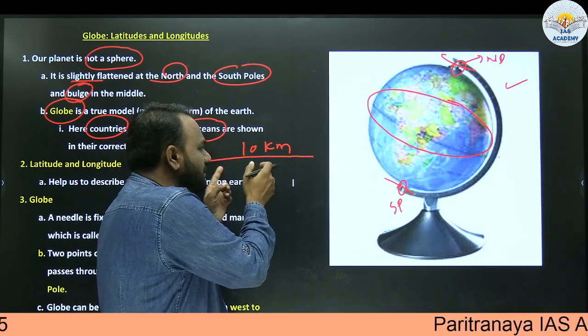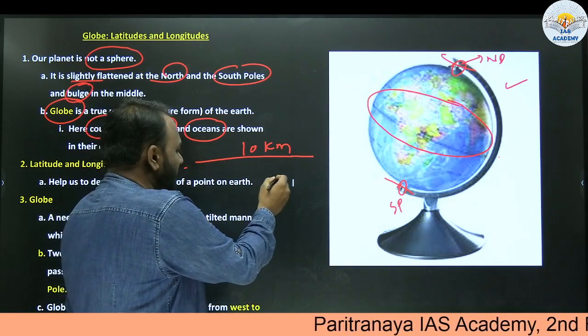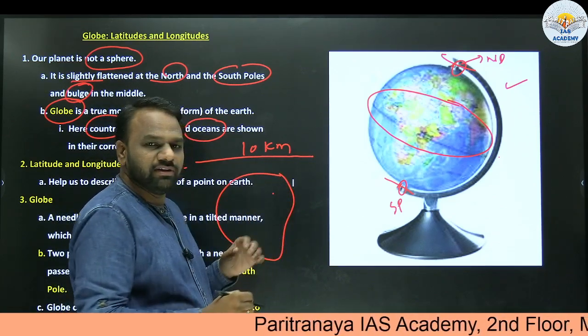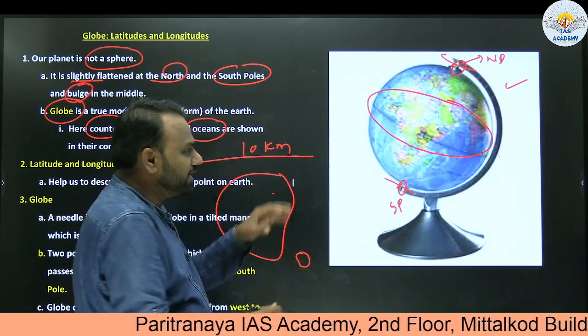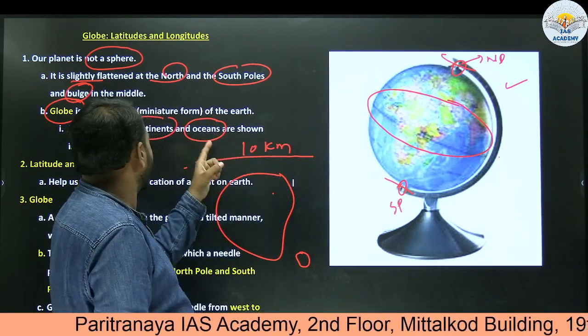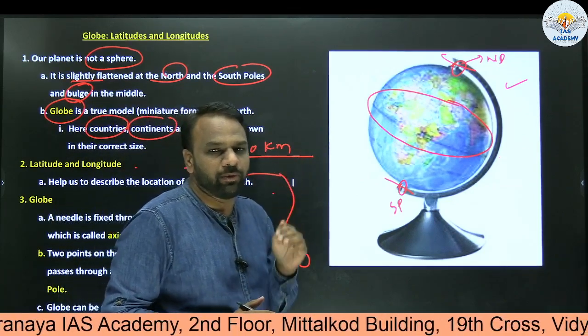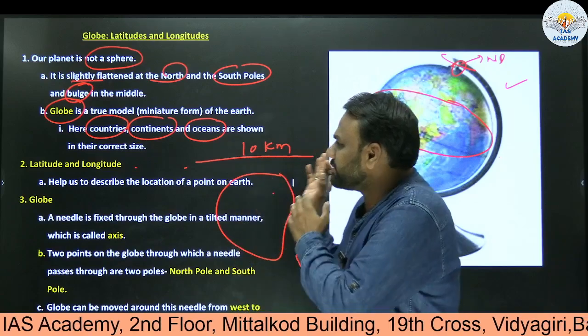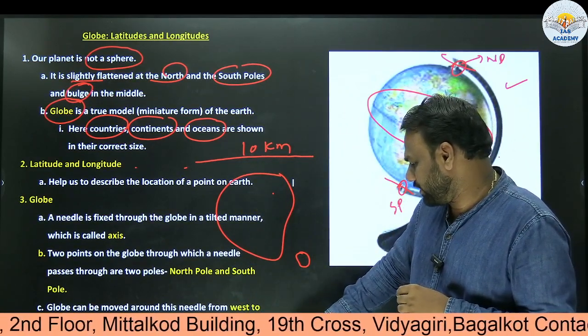I have to scale the physical 10 kilometers to this dot. In similar fashion, if a country is physically so big, while representing it on a map, I'll show it small. In this fashion, each and every continent, ocean and country is according to its proportion. So it becomes a perfect miniature model to study about the Earth.